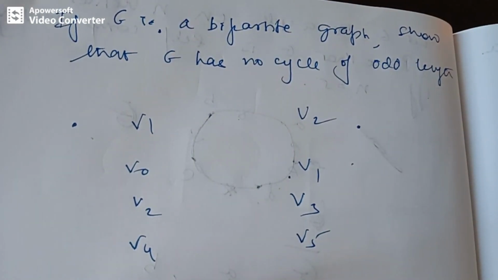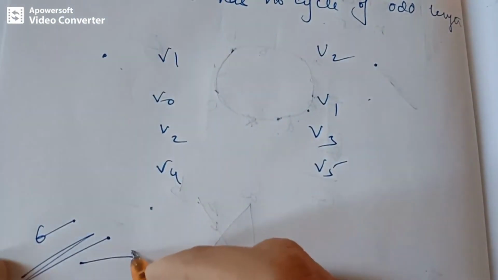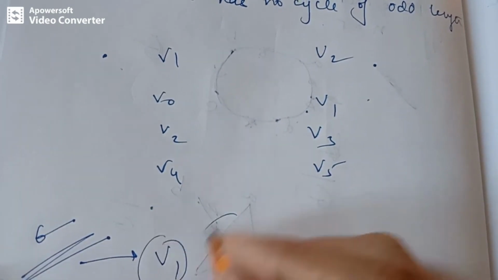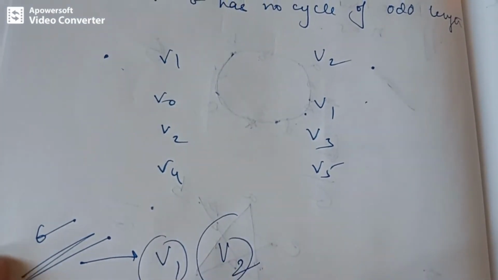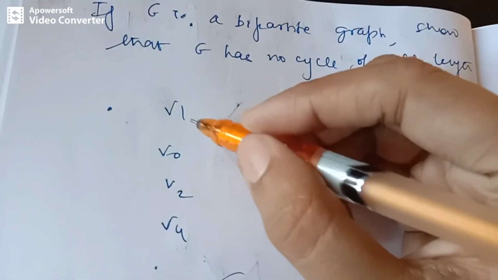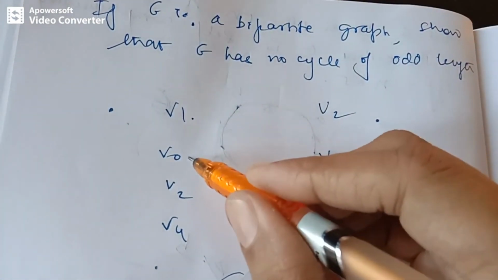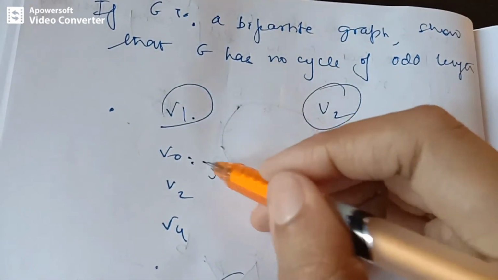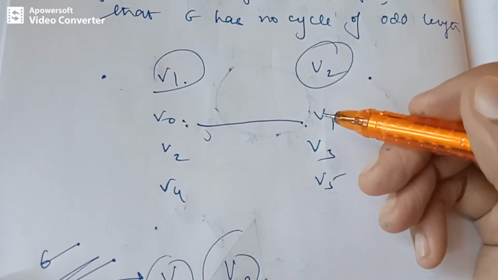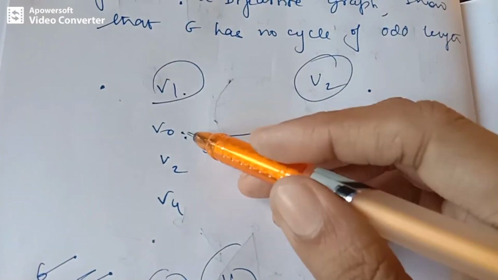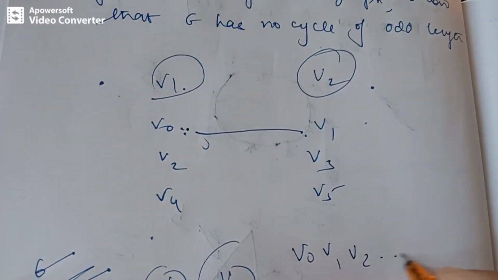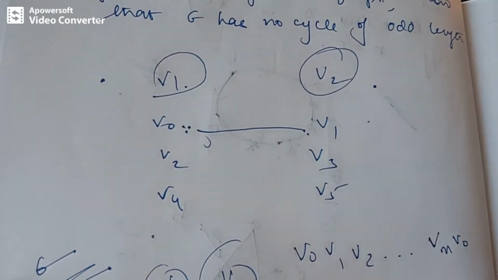That means we can partition the vertex set V into two disjoint sets, or bipartites, V1 and V2, so that each edge of G joins a vertex in V1 to a vertex in V2. So let V0, V1, V2 and so on, Vm, V0 be a cycle.